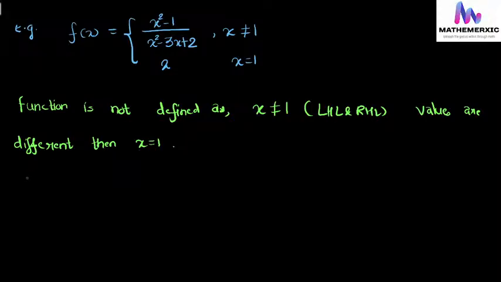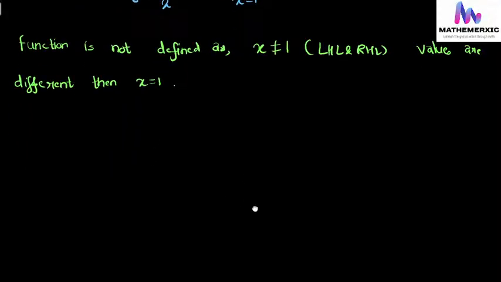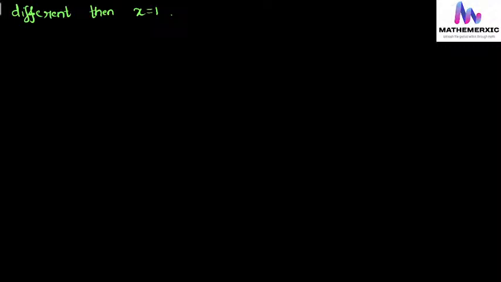Now if you calculate the LHL here, let us see the left hand limit in this case. LHL, left hand limit. So limit x tends to 1 minus of (x square minus 1) upon (x square minus 3x plus 2).